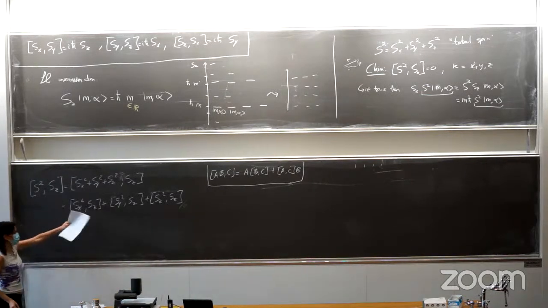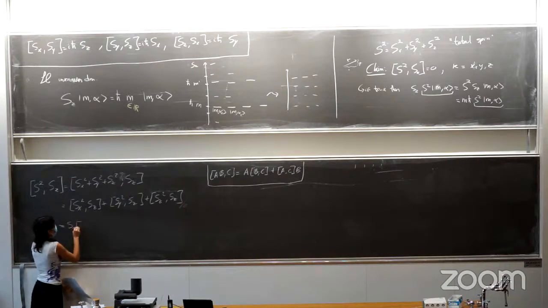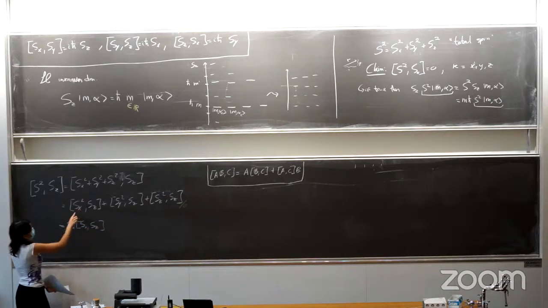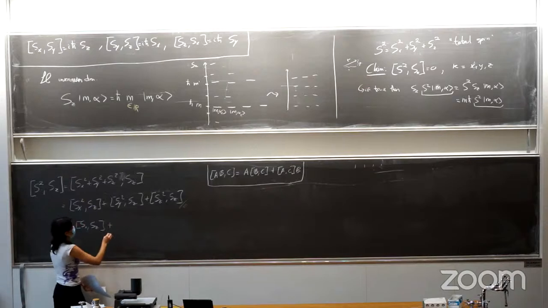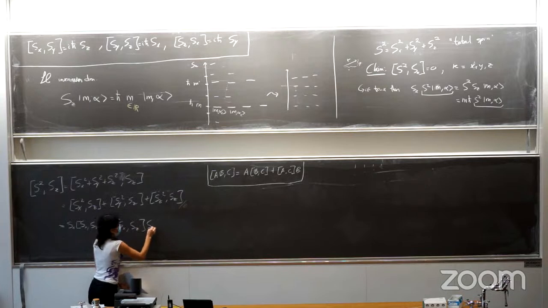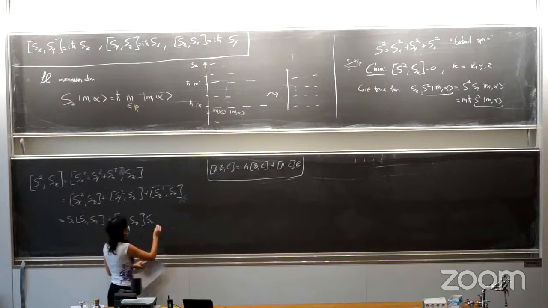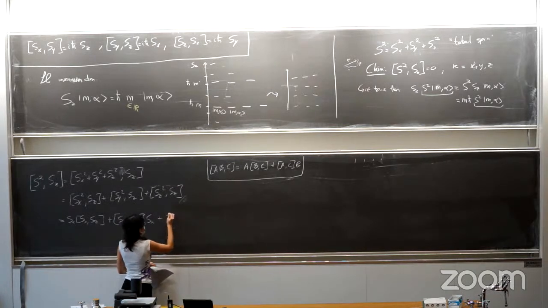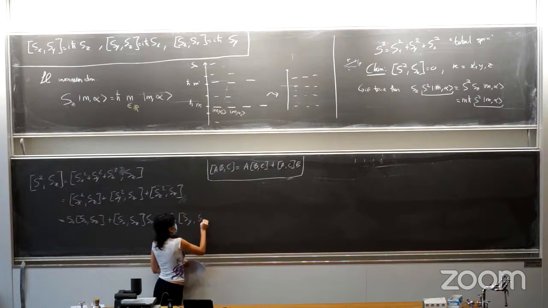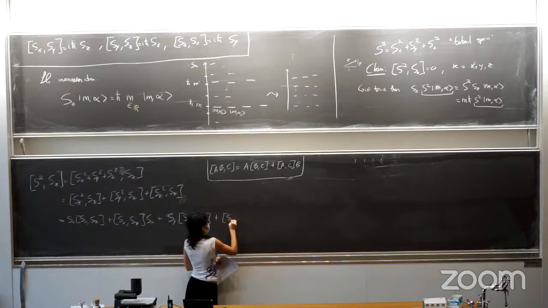So here we have Sx, the commutator of Sx and Sz, plus the commutator of Sx and Sz, Sx, plus Sy, the commutator of Sy and Sz, plus the commutator of Sy and Sz, Sy.